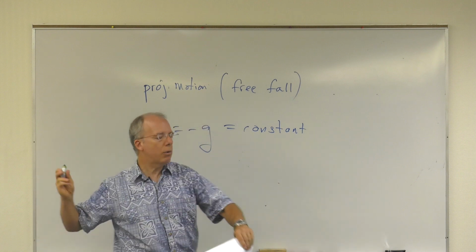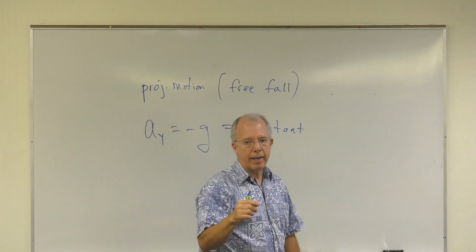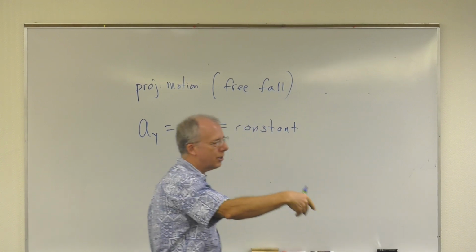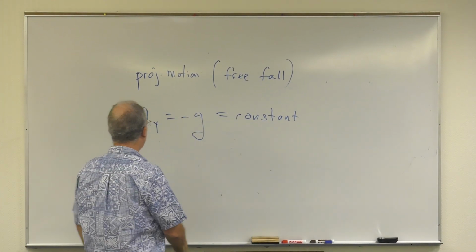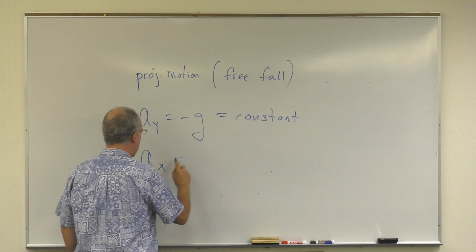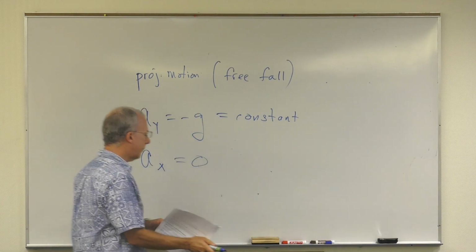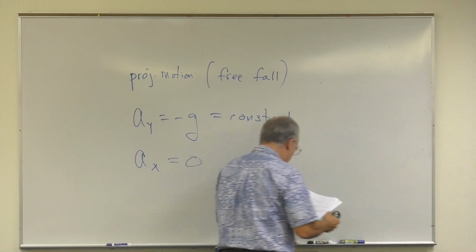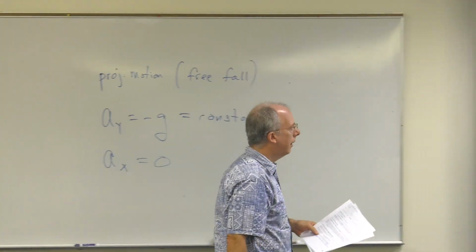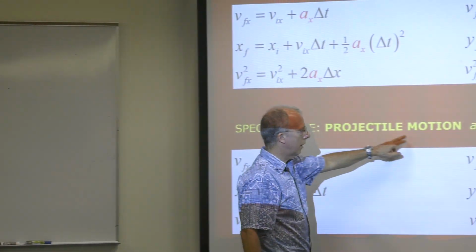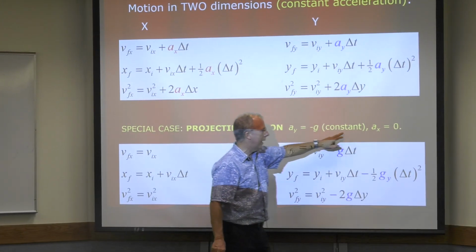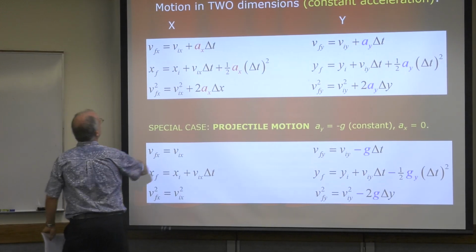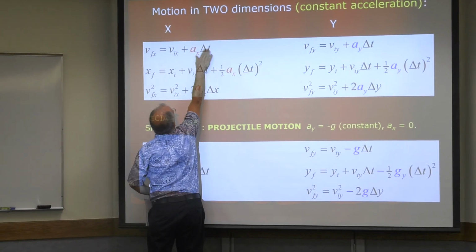Now, if I throw something, after it leaves my hand, is there a horizontal acceleration? No, because we're ignoring air, which is okay. So a sub x equals 0. This is awesome. Why is that awesome? Think about it. Projectile motion: a sub y is minus g, which is constant, and a sub x is 0. So this is 0, goodbye.